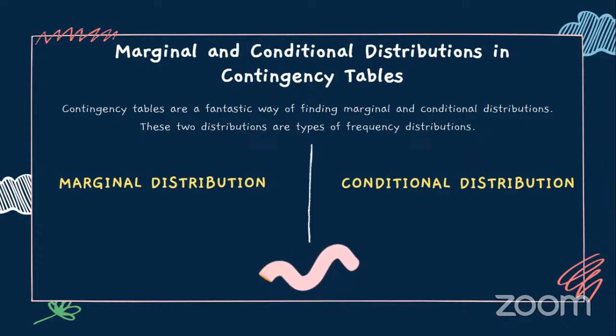Conditional distribution: for these distributions, you specify the value for one of the variables in the contingency table and then assess the distribution of frequencies for the other variable. In other words, you condition the frequency distribution for one variable by setting a value of the other variable.